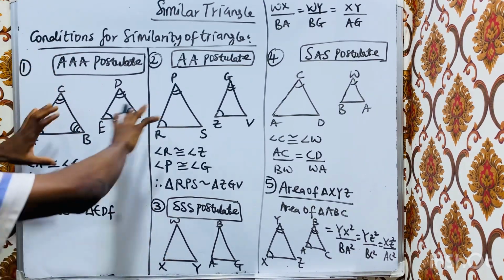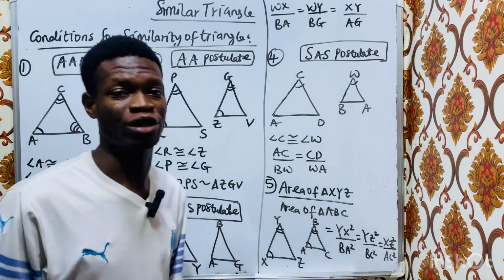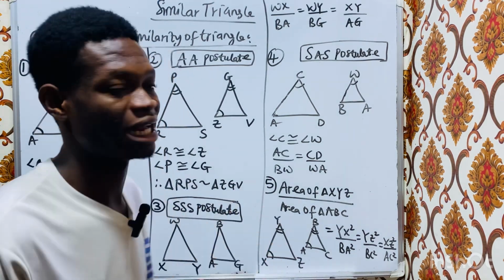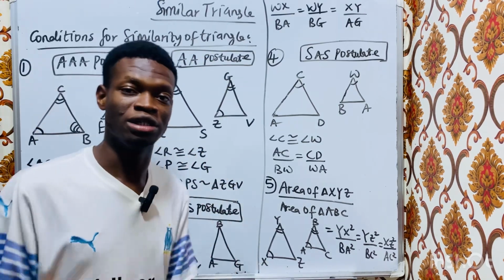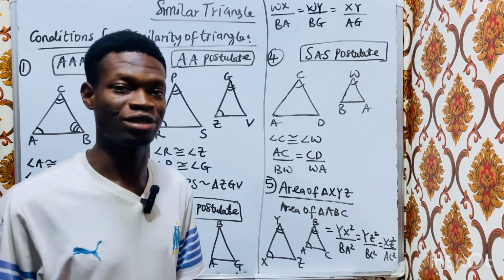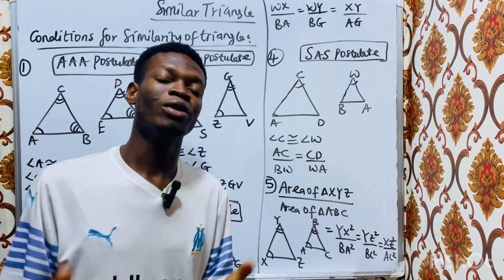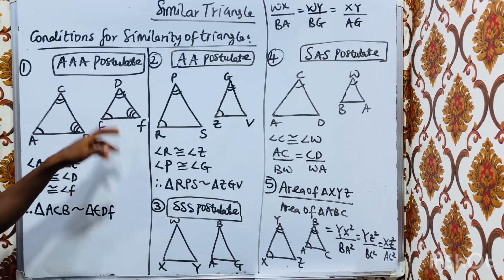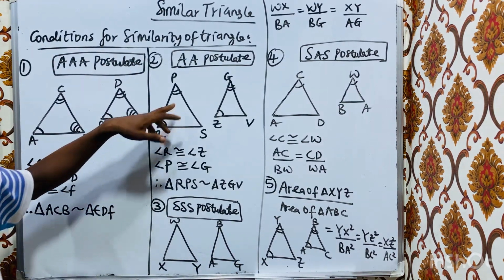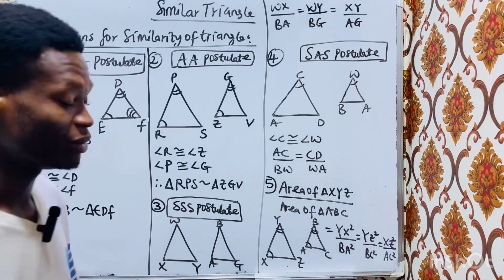So among all these five conditions, if it satisfies any of the conditions, you know that the triangles are similar. I hope from here you have known the definition of similar triangles. You can also say they are those triangles where the ratio of their corresponding sides are equal, or you can choose any one where two angles are equal.